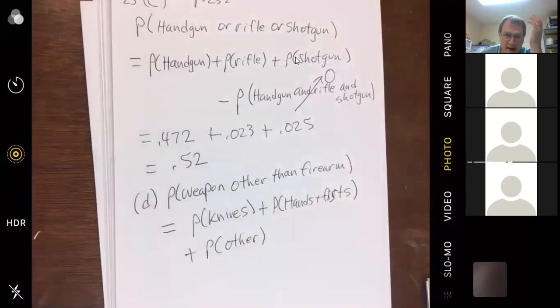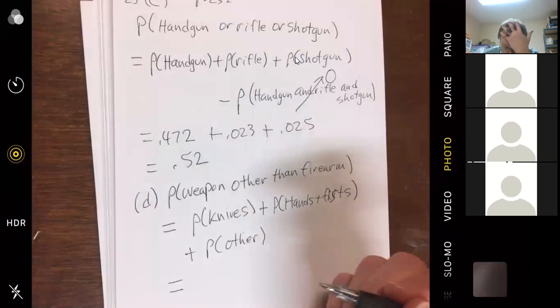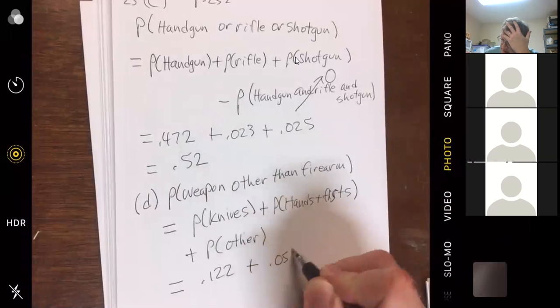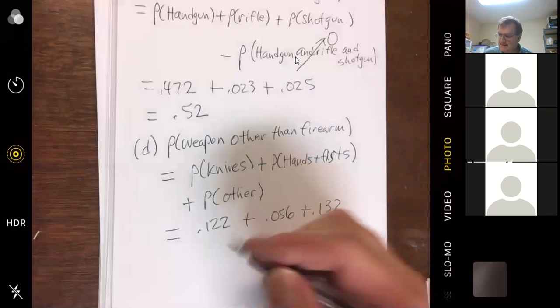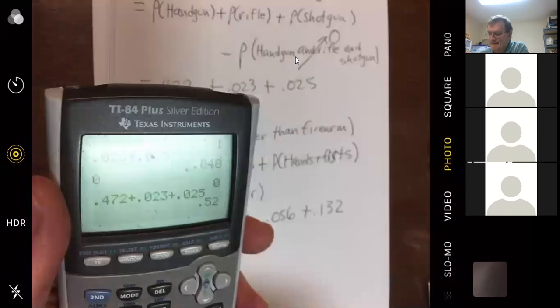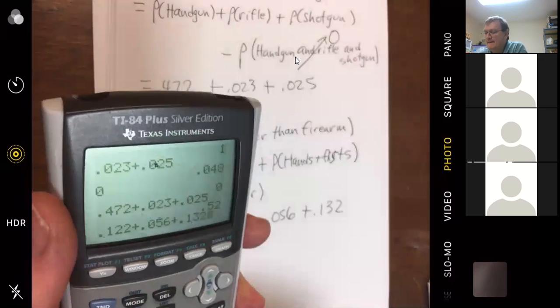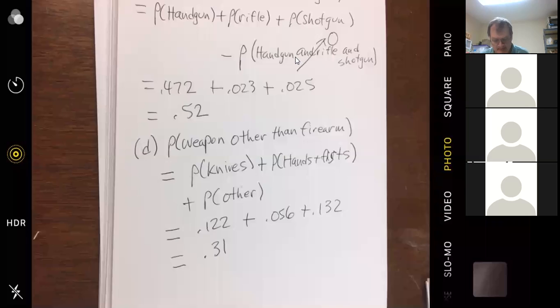Nunchucks, baseball bats. Think of what else you could use. All right, well, knives is 0.122. Hands and fists is 0.056. And other is 0.132. That's 0.31, yeah, that's what the book has. So yeah, other means other than a firearm. Questions about that?